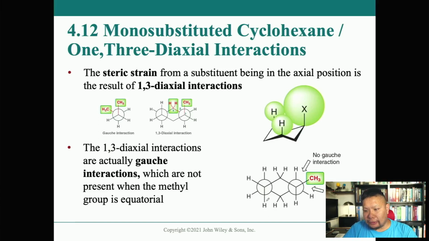Okay, so let's talk about the 1,3 diaxial interactions. What we have here is our monosubstituted cyclohexane with a methyl group at position 1, the top of the head of the chair right there.